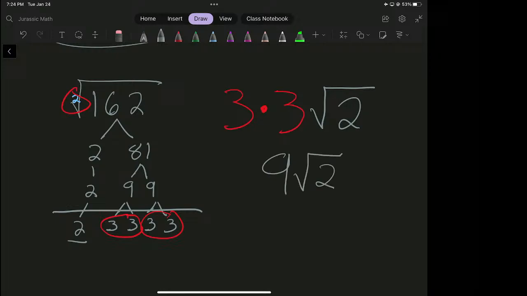So if I wanted to simplify the square root of 162, it simplifies down to 9 square root of 2. All you do is for squares, you take out the pairs. Pairs go on the outside, non-pairs go on the inside.